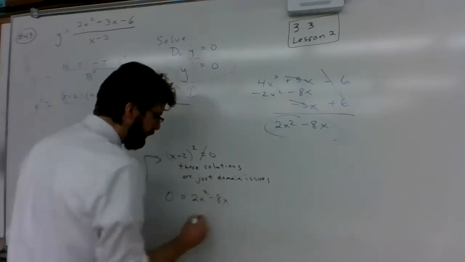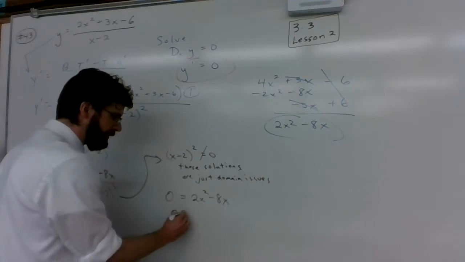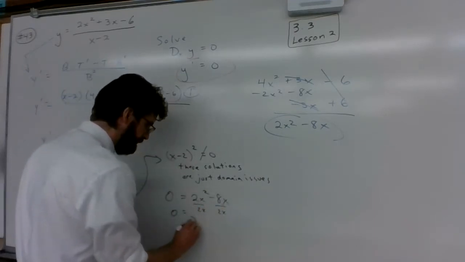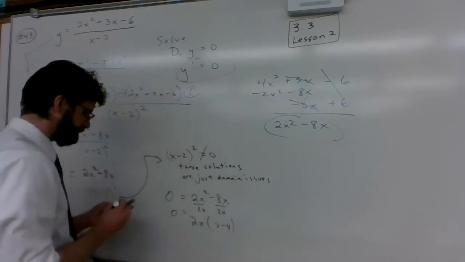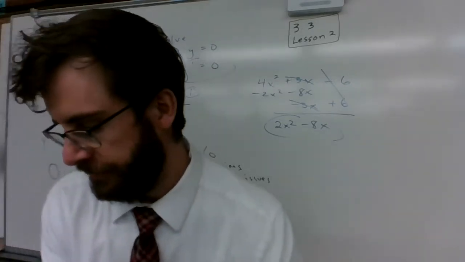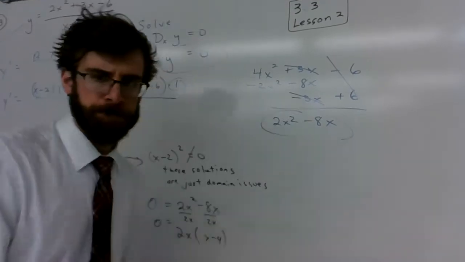So how do you solve the equation 0 equals 2x squared minus 8x? Factor out a 2x. You're left with x minus 4. So your two solutions, here, you guys might not be able to see very well. Excuse me.